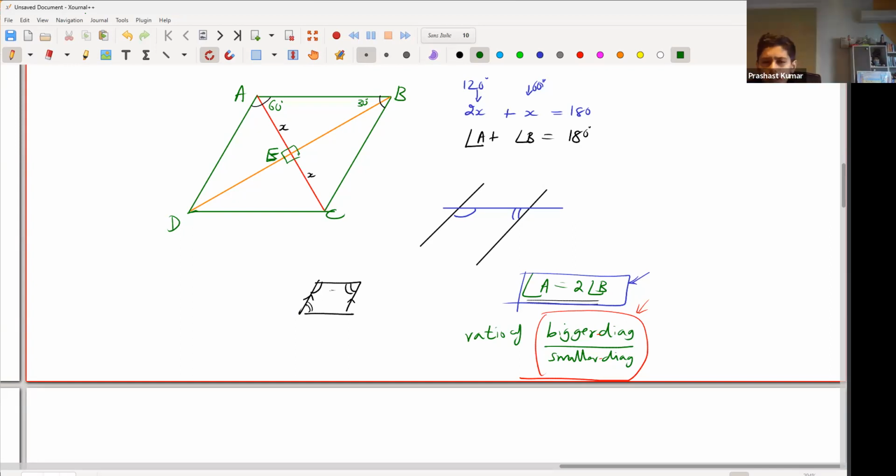Not necessarily. Then why are you saying here it's getting divided by 2? Because it's a rhombus, and all the sides are equal. Exactly. In a rhombus, the diagonal bisects the angle. In a general parallelogram, it's not. It's a specific property of a rhombus that the diagonal bisects the angle. So it becomes 60.